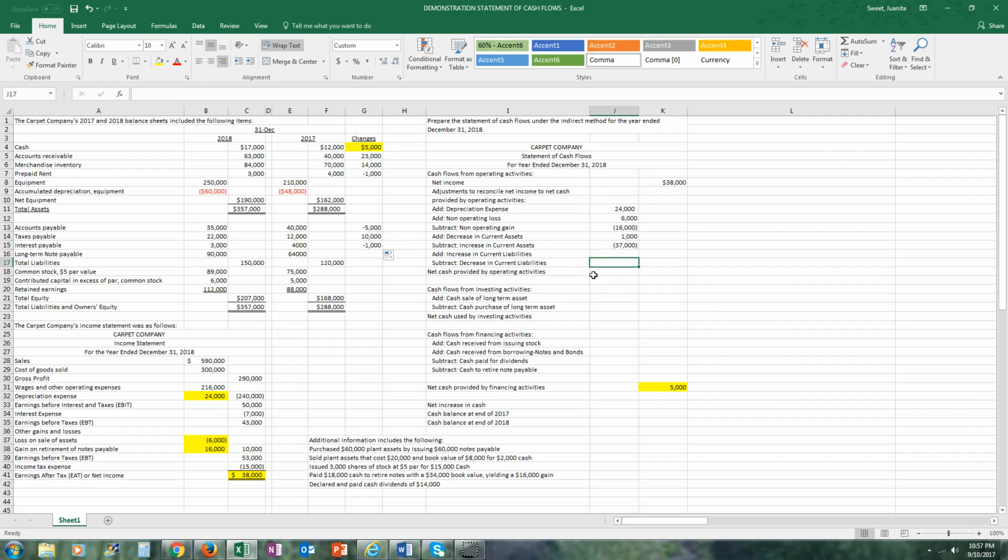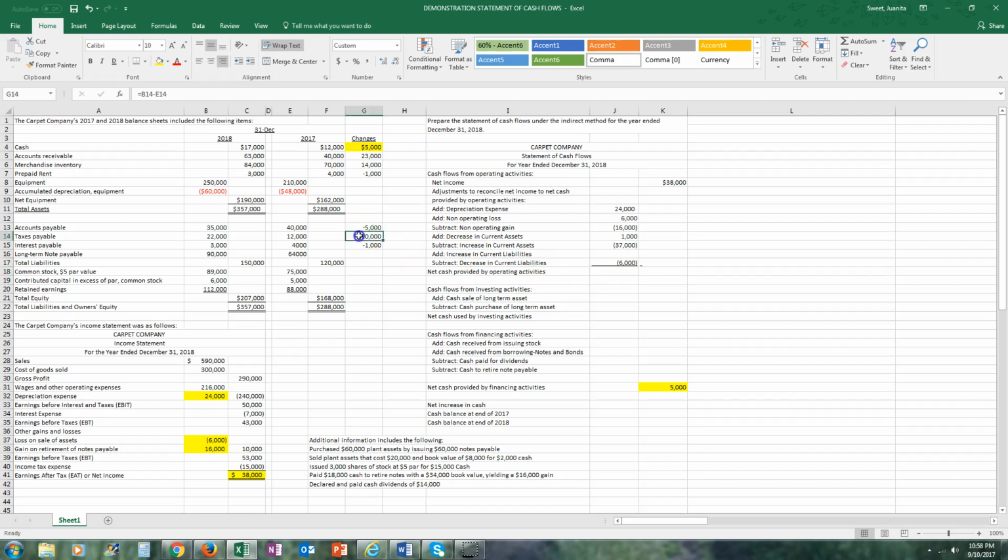If interest payable went down, that's because we paid some of the amount we owed. So these two decreases are going to subtract from my cash. That subtracted $6,000 in cash.